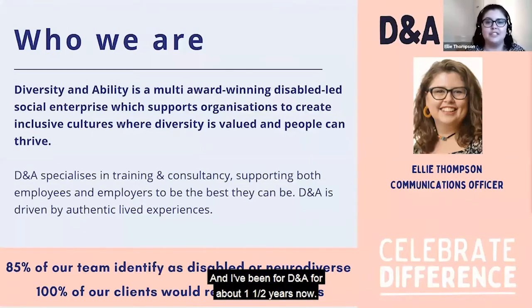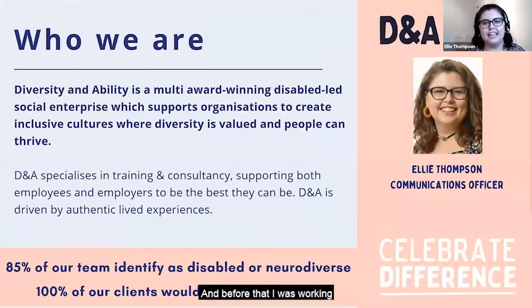I've been working for DNA for about 1.5 years now, and before that I was working at an education charity, supporting young people from underrepresented backgrounds. I'm also disabled and neurodiverse myself, so that's why communications that are accessible and inclusive are such a big passion of mine, and why I'm so happy to be able to share that with you all today.